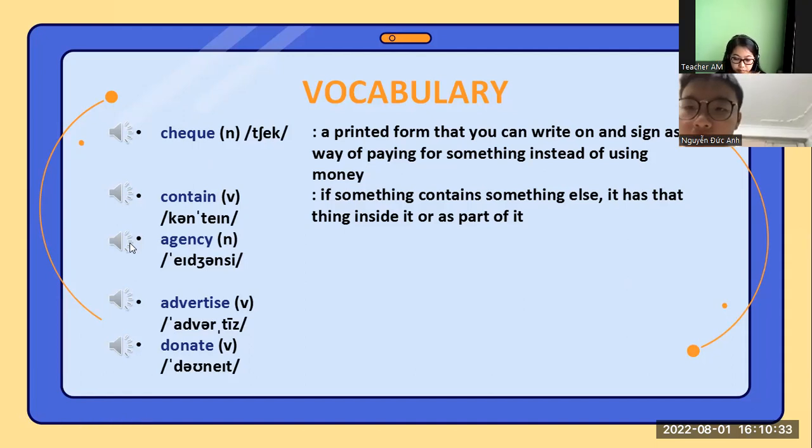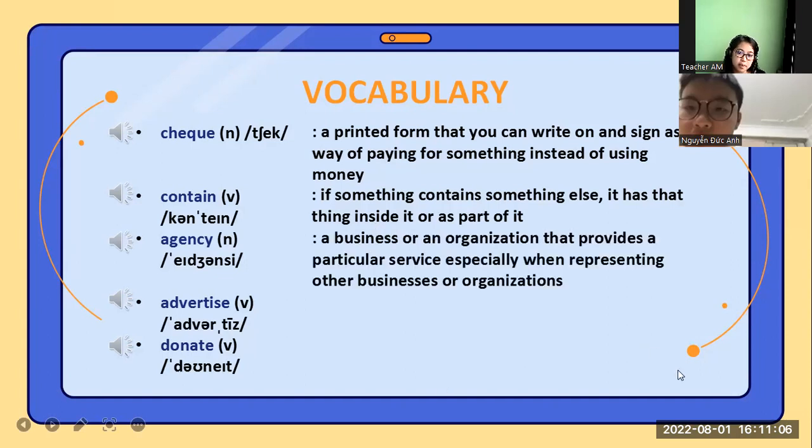What's agency, Anne? Okay, agency is a business or an organization that provides a particular service, especially when representing other businesses or organizations.